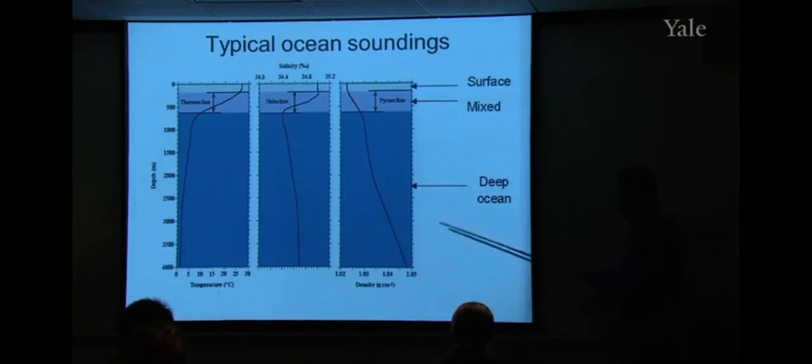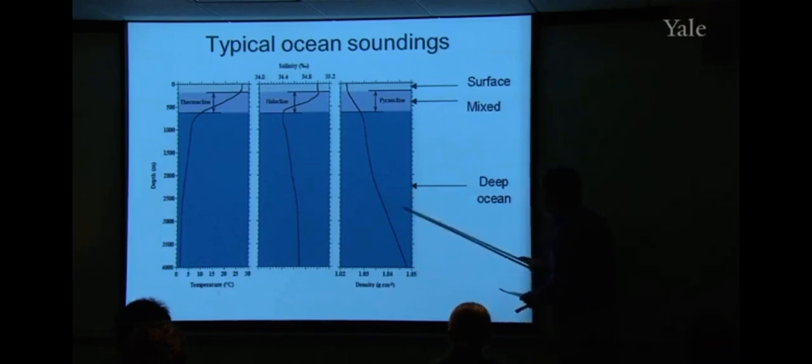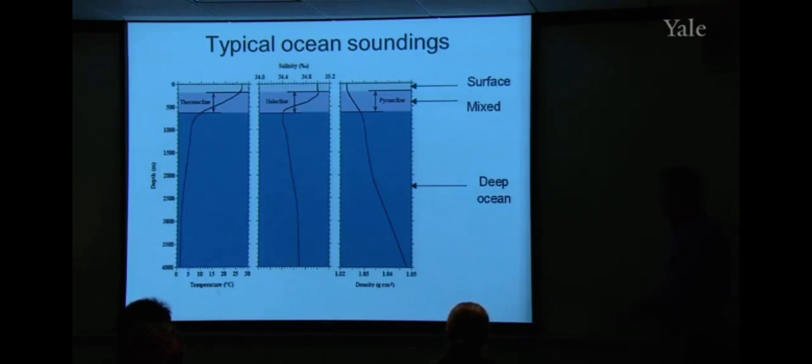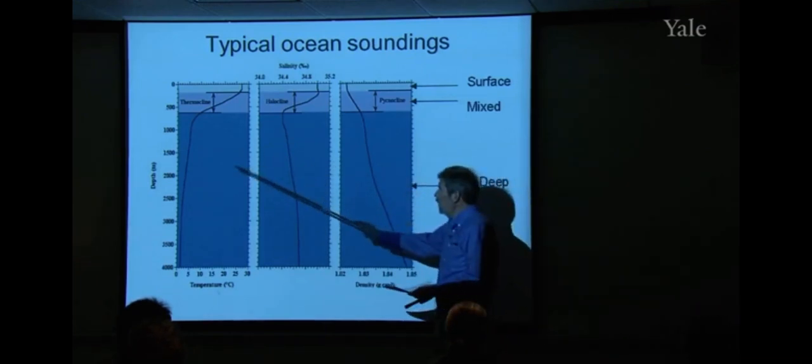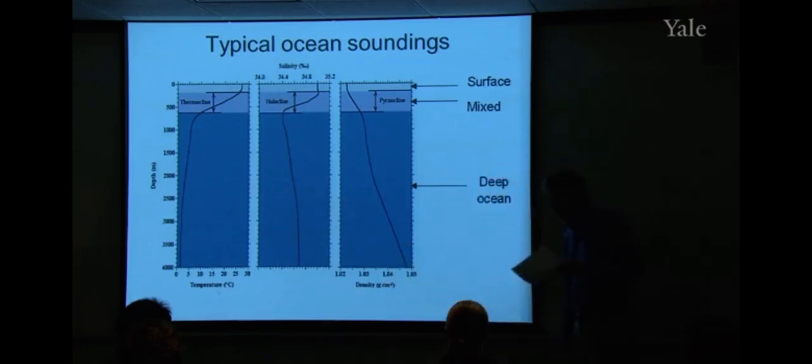And then the dynamical quantity we're interested in is the seawater density, with units that you're familiar with, kilograms per cubic meter, for example. And that is generally a function of temperature and salinity. The warmer the water is, the more it expands a little bit and its density is less.